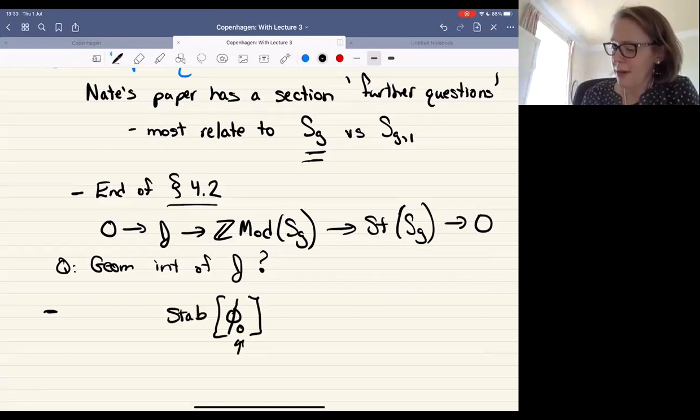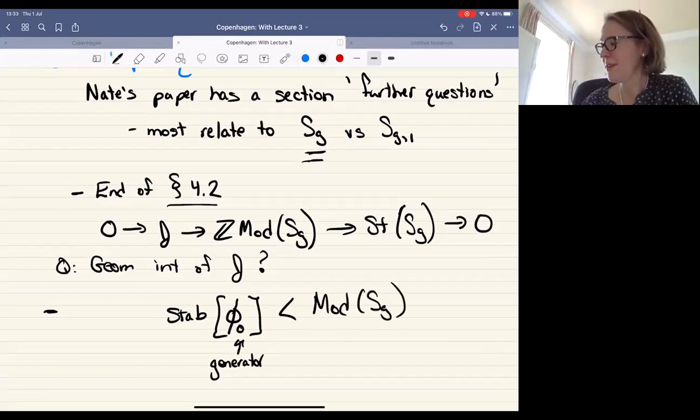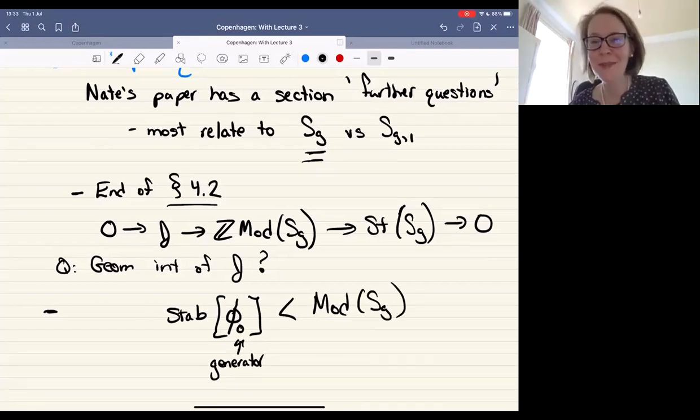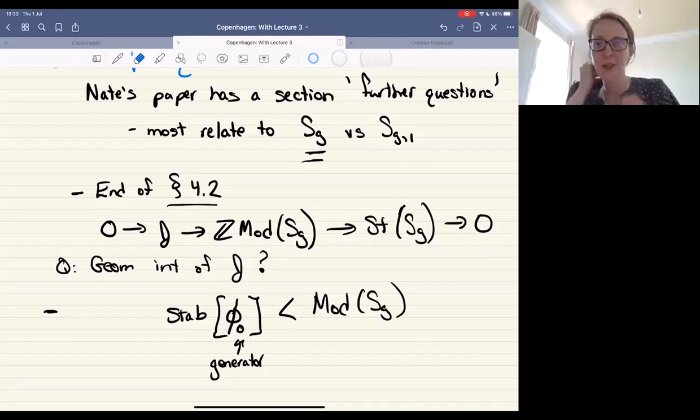So this was our generator, and what is its stabilizer in the mapping class group of the closed surface? It sort of is what it is. I've just described it, but is there some sort of nicer description of it? And Nate gives a little bit more discussion in his paper of why this is an interesting question.